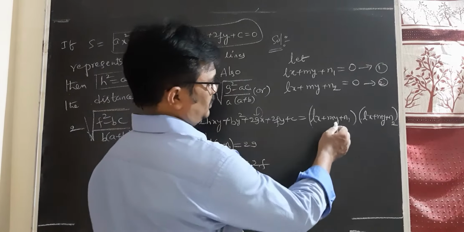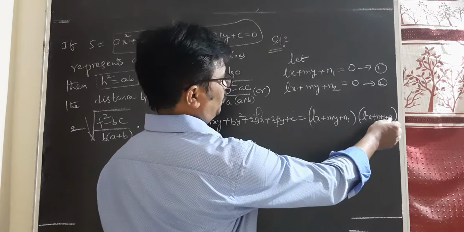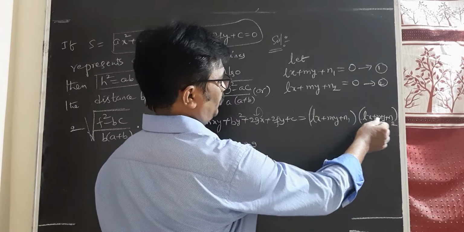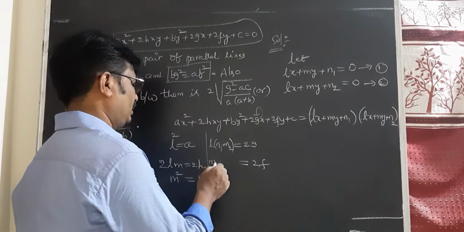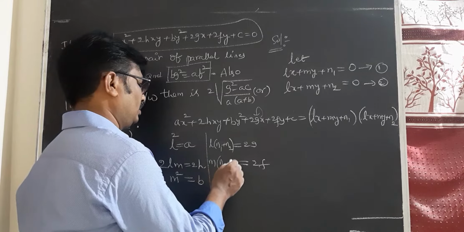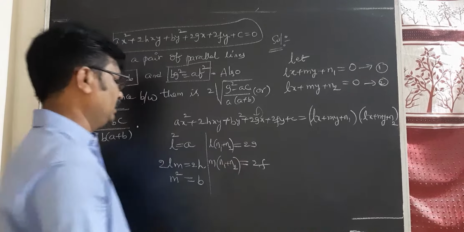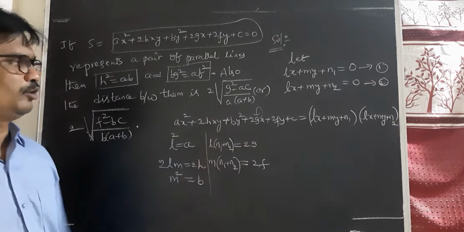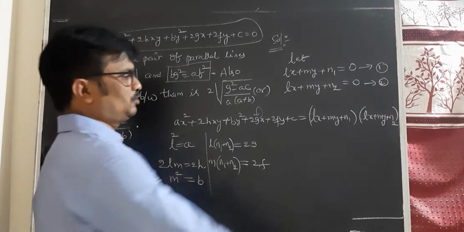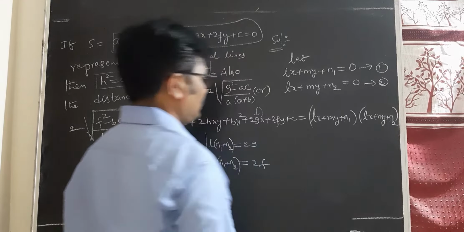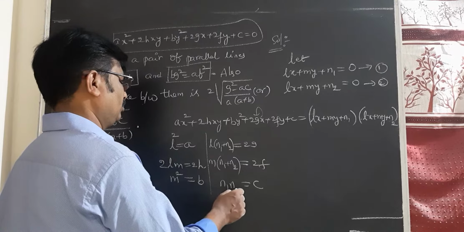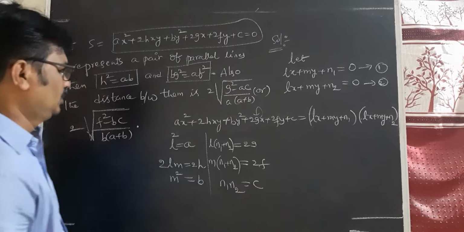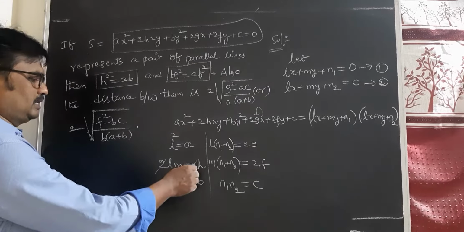Here this is the y term: m n2 y and m n1 y. m is common. Similarly, m into n1 plus n2 is the y coefficient. The constant is n1 n2. So students, the constant c is n1 n2. Now students, 2 is cancelled here.